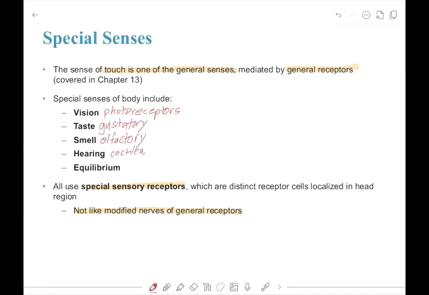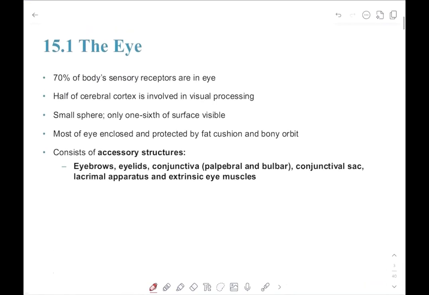And finally, equilibrium is also mechanoreceptors that are located in a part of the inner ear called the vestibule and the semicircular canals.